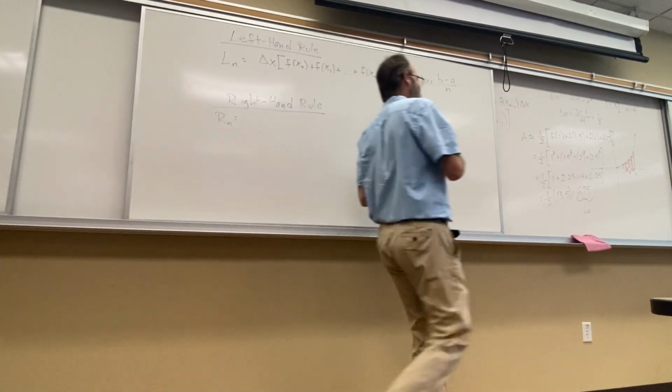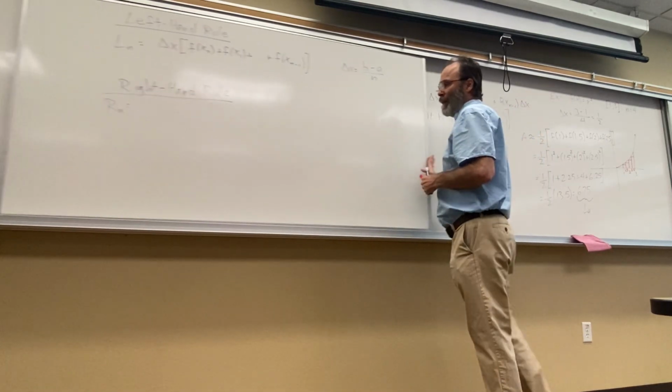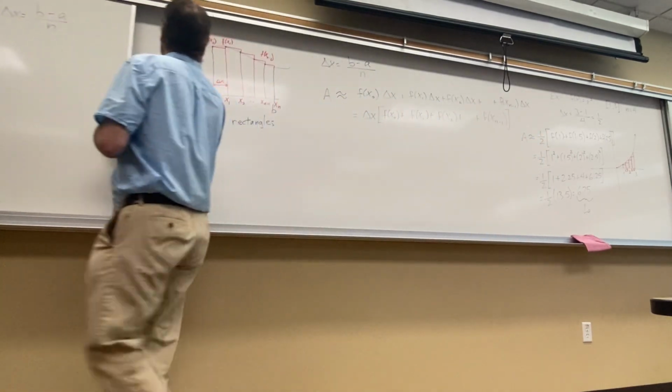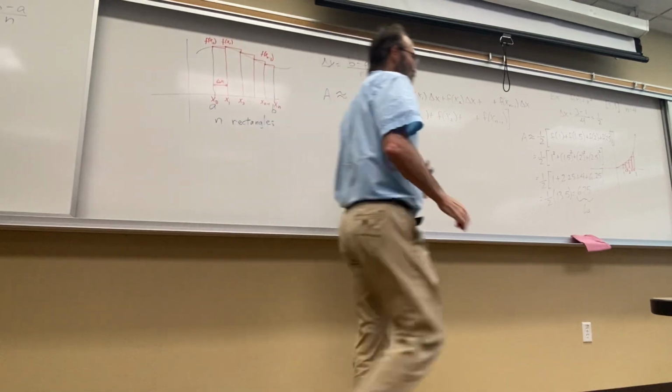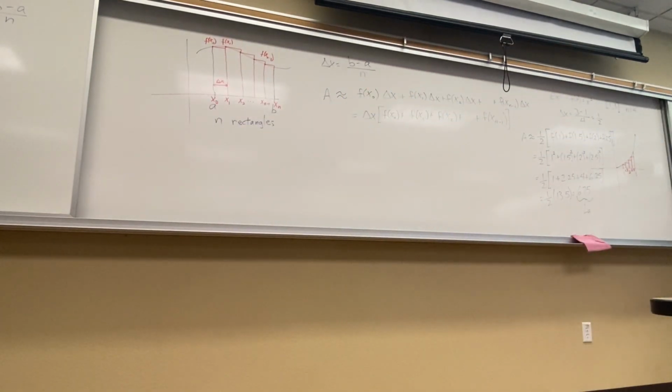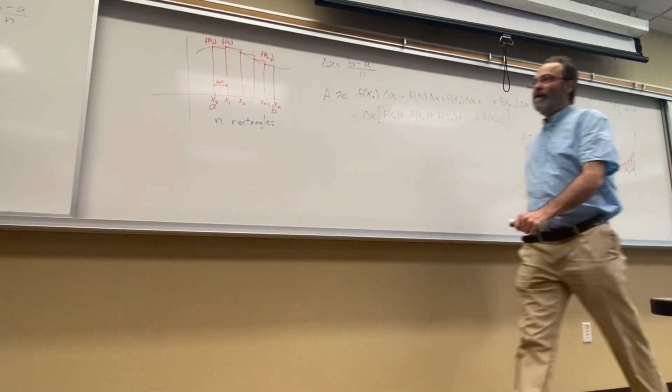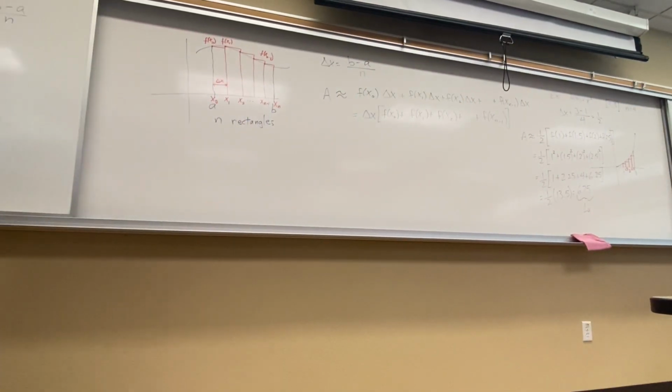If we start anchoring our rectangles on the right side instead of the left side. Okay, I'm going to do these in green. Yes? I have a question. Why does it start like x0, x1, x2, and then it changes to x n minus 1? So this formula, I need to write a formula that's going to work no matter what n is.